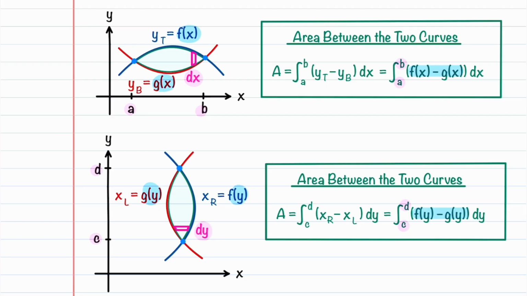I think these formulas for the area between two curves are easier to remember if you write them as yt minus yb, that stands for the curve on the top minus the curve on the bottom, times dx, or x sub r minus x sub l, that's the curve on the right minus the curve on the left, times dy.